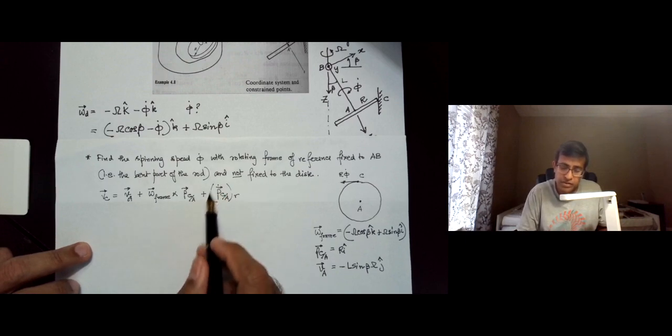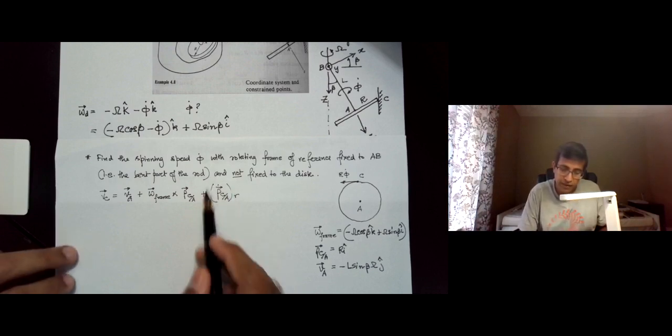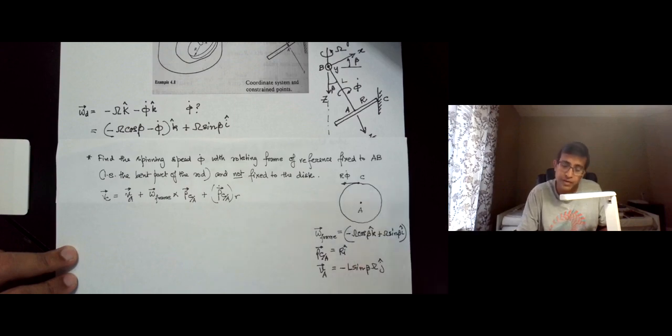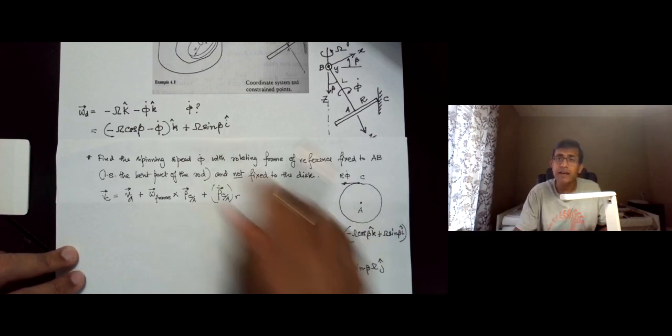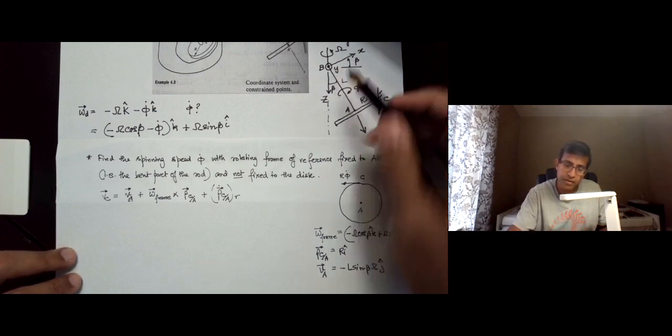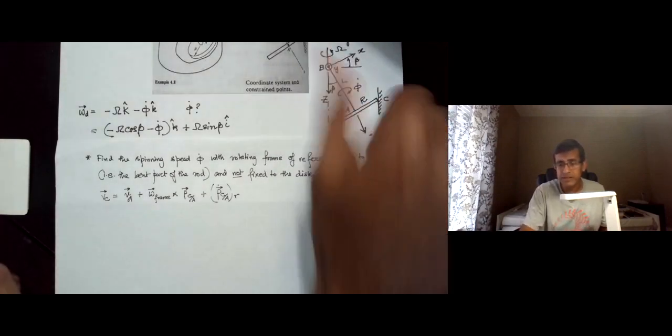The only change now that we need to consider is the velocity of C with respect to A in the rotating frame, which is R phi dot. And if we consider this figure, then R phi dot is the velocity with respect to A by virtue of this rotation, which is pointing in this direction.